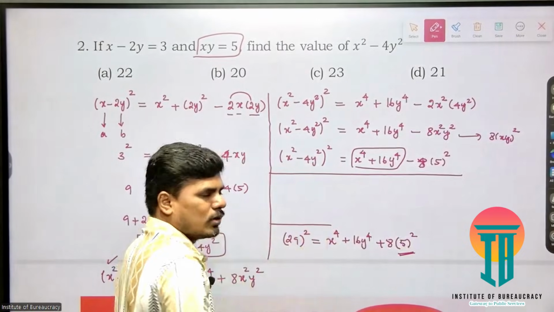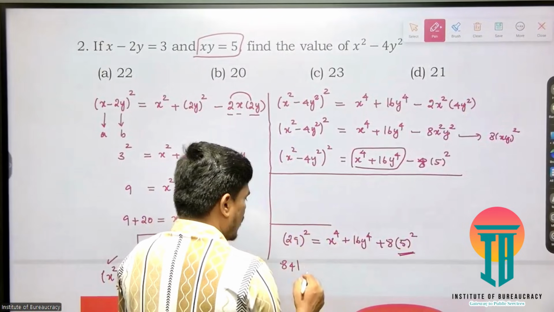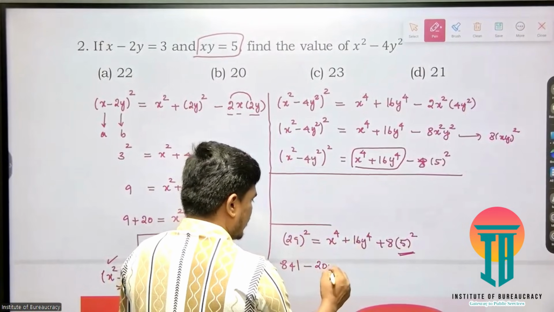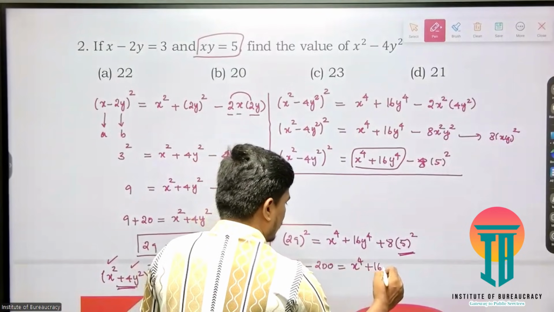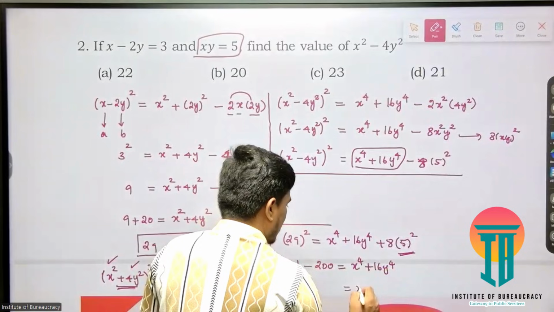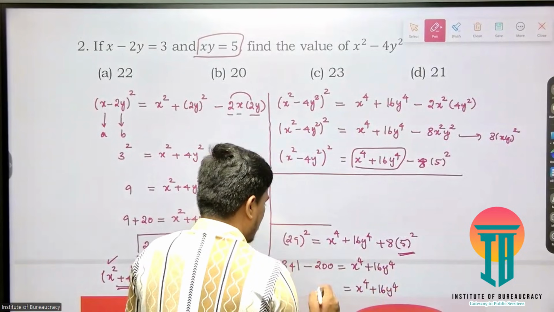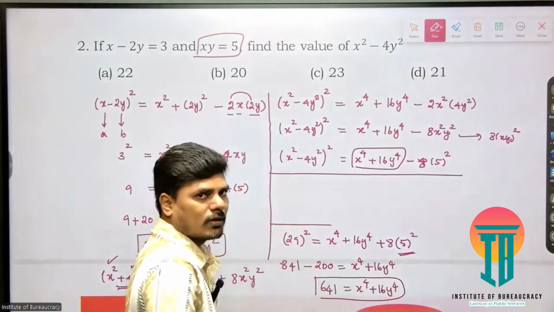Now 29 the whole square is going to be 841 minus, if you bring this 200 inside, x power 4 plus 16y power 4 is going to be 641. Okay. This value is 641.